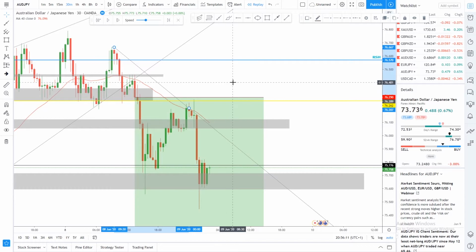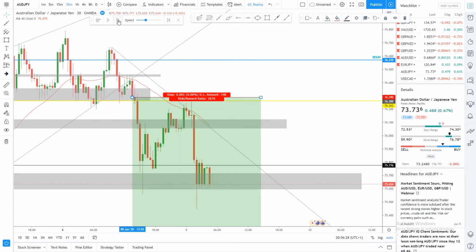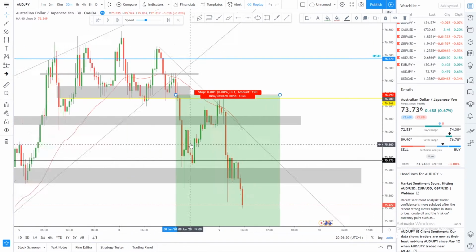So as you can see, we're heading down, but this candle was very important for me to understand that price can still go down, and so I just stayed in the trade. I trusted the trade, and we see how it plays out. So as you can see, we broke it.